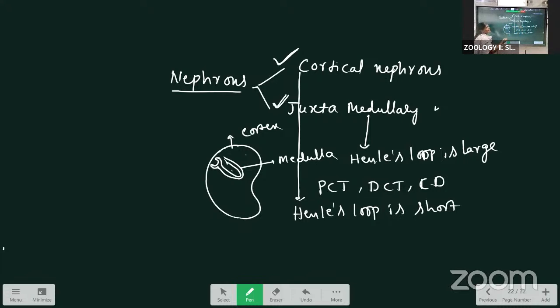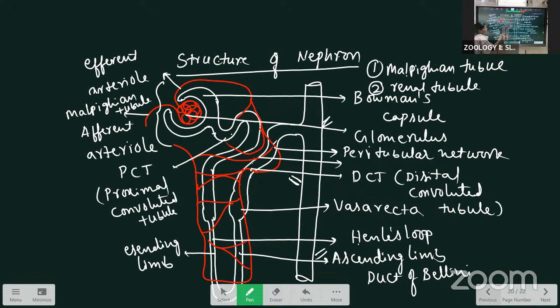Also, Henle's loop is large means, see this one, the efferent arteriole comes out and surrounds the total nephron. The red color blood vessels you observe surround the PCT and the DCT, the proximal convoluted tubule and distal convoluted tubule.